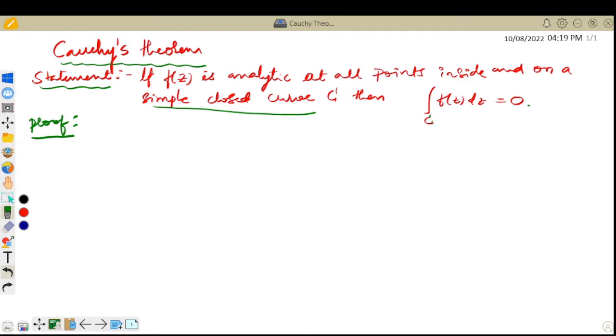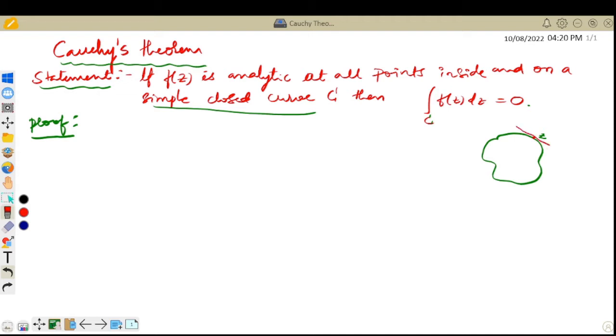So let us consider a curve which is closed. You people are already aware of analytic. What is the meaning of analytic? Analytic means there exists a derivative. For example, if I consider a point z here, and I want to say that the function is analytic at this point, then there exists a derivative.